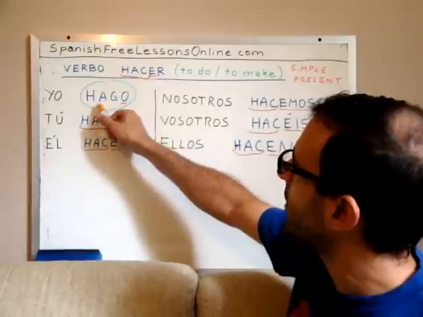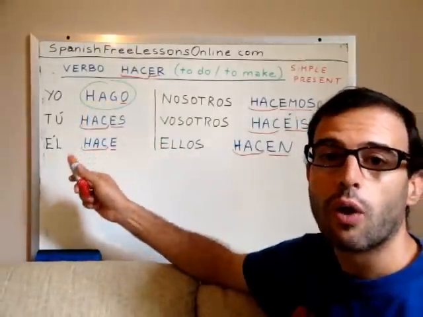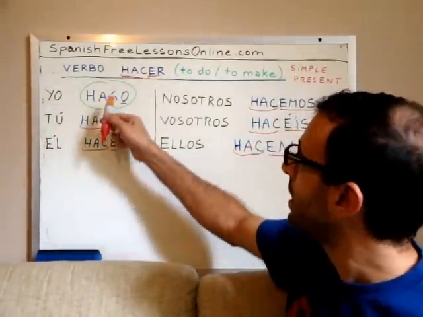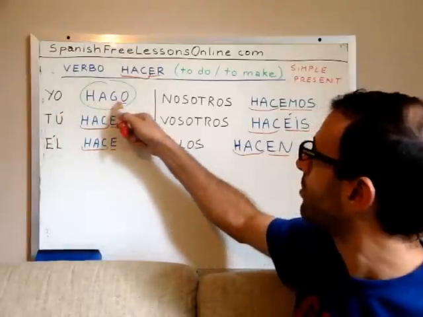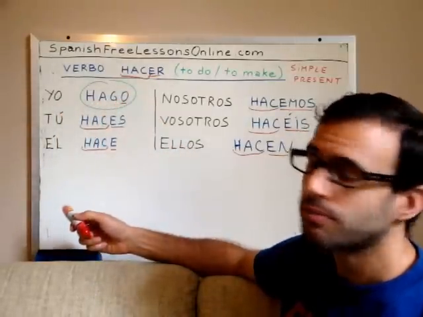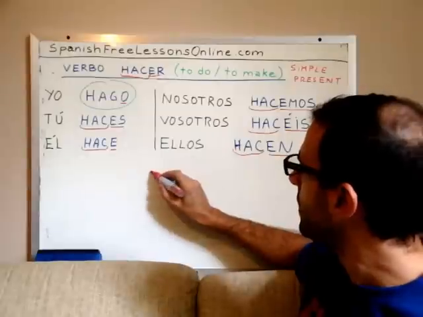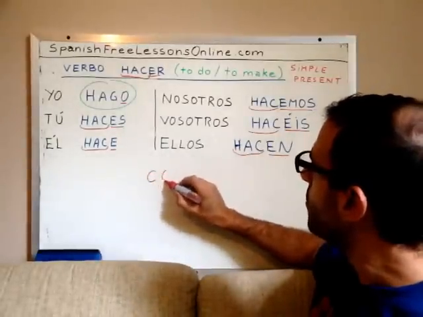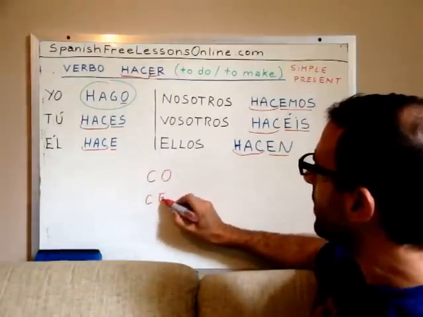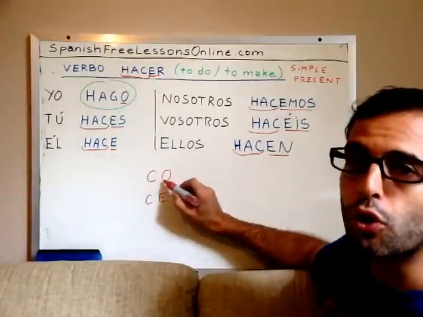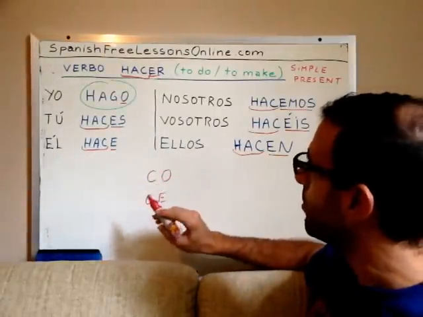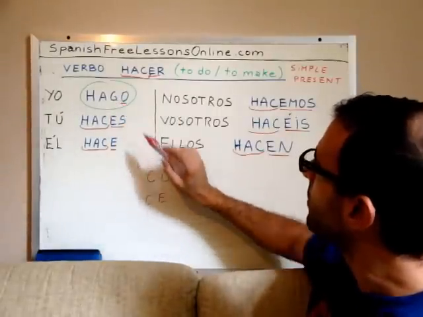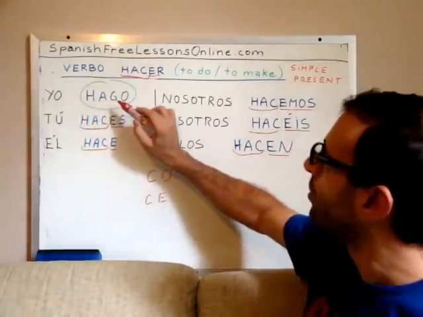Being this the only slight exception. If this were a regular verb for the first pronoun as well, it would be hazo, yo hazo, right? But since the letter C changes its sound, this sounds se and this sounds co instead of so, same as in English. So this turned into irregular. So it's yo hago.